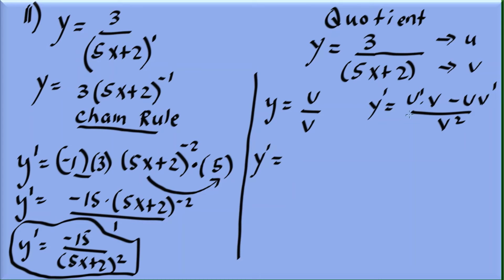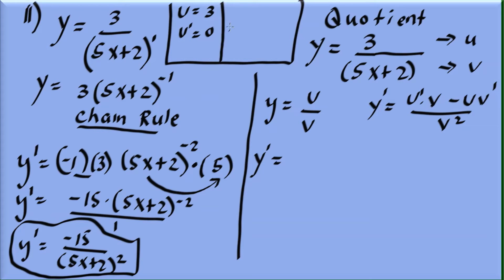So y prime is u prime, which is, okay, so let's have a summary of our information here. My u is 3. Now u prime is going to be 0. Now v is 5x plus 2. V prime is 5. Okay?